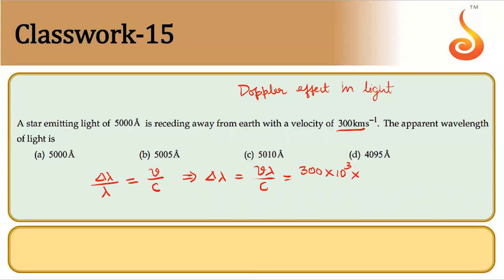Lambda is 5000 angstrom, that is 5000 into 10 power minus 10, which is 5 into 10 power minus 7. C is 3 into 10 power 8. So that will turn out to be 5 into 10 power minus 10 meter, that is 5 angstrom.